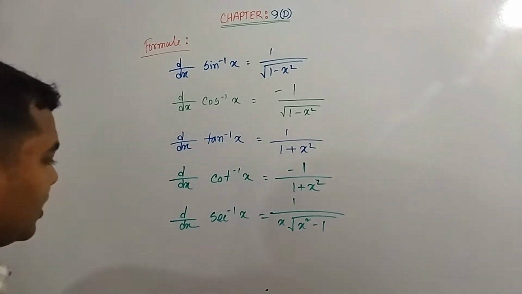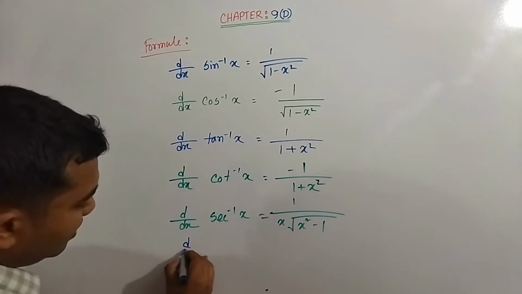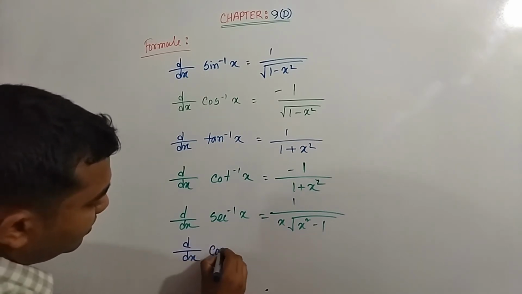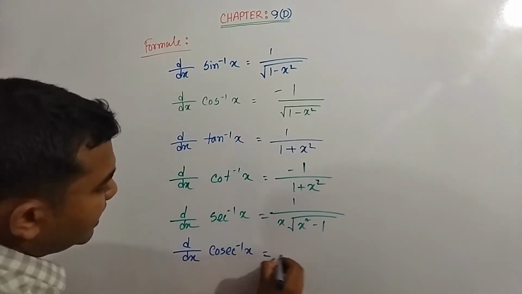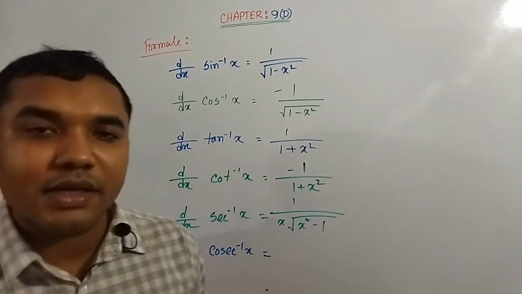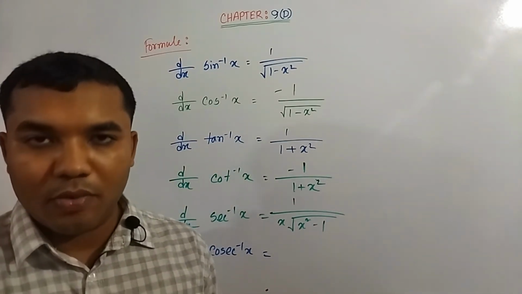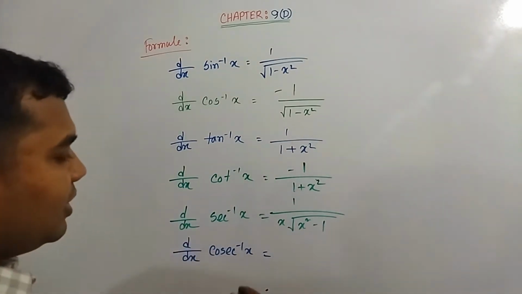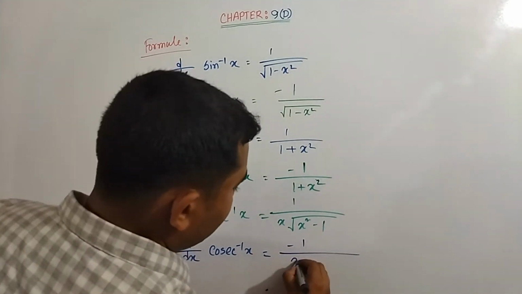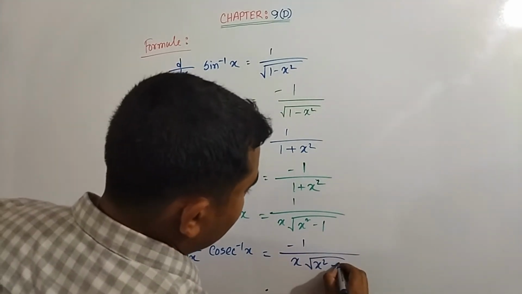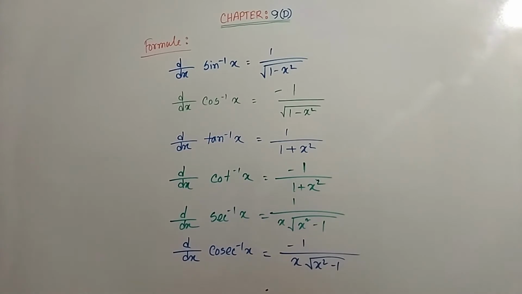The last one is d/dx of cosec inverse x, and I believe you can already understand what the formula should be. Exactly, only a minus comes extra. So d/dx of cosec inverse x is minus 1 divided by x into root over x square minus 1.